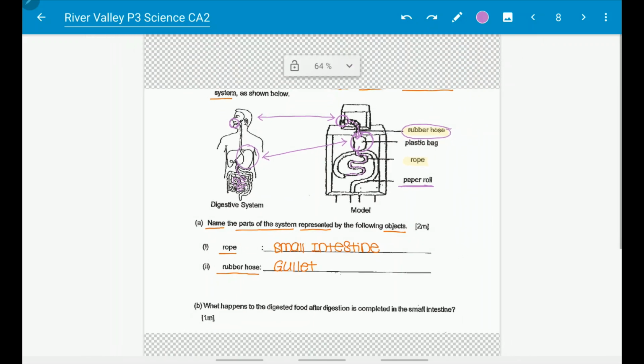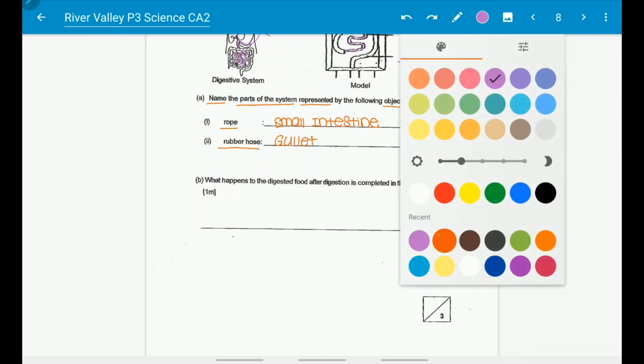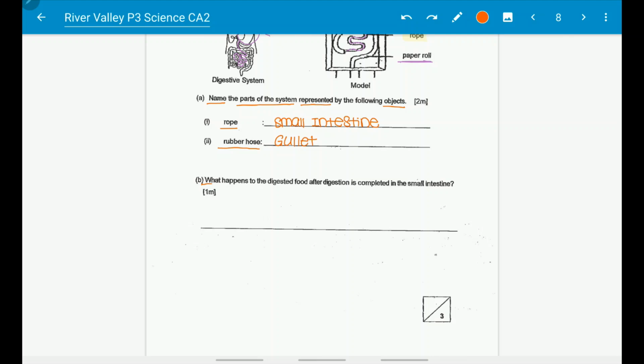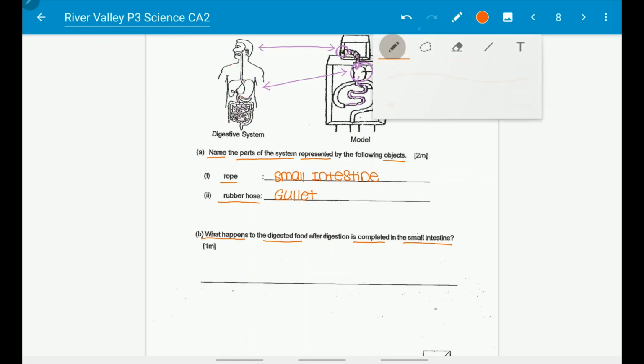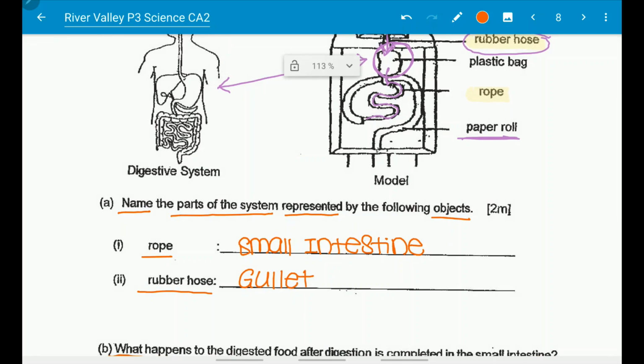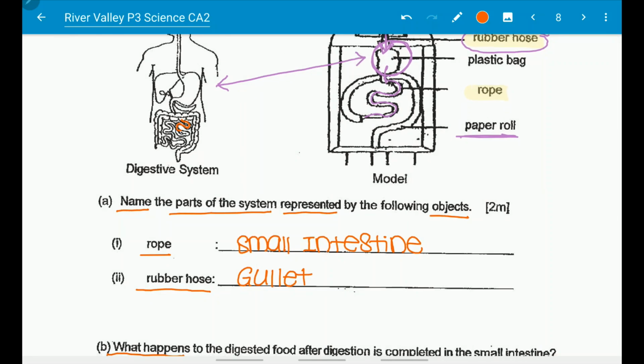Now moving on to part B. What happens to the digested food after digestion is completed in the small intestine? Where does the food go after it finishes being digested in here?